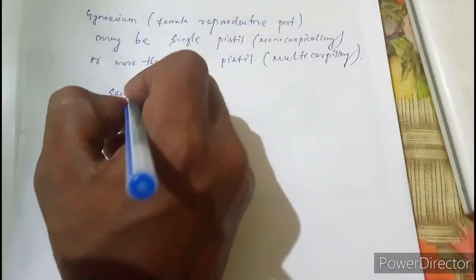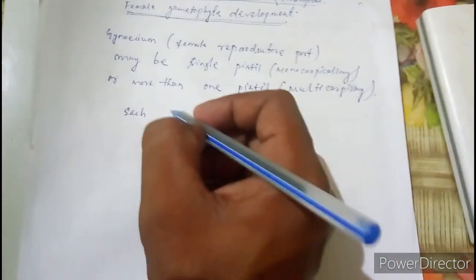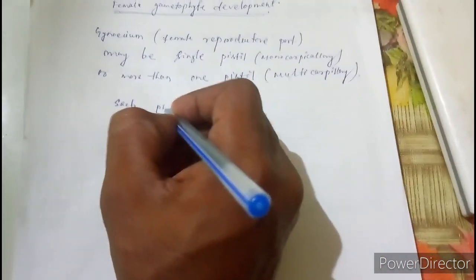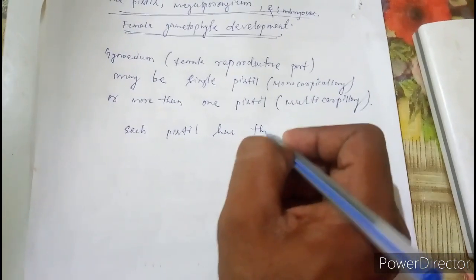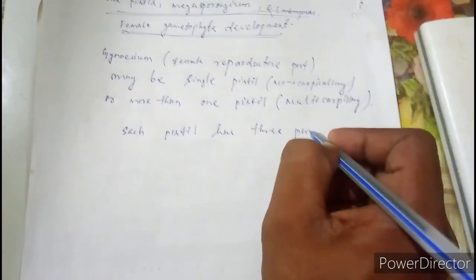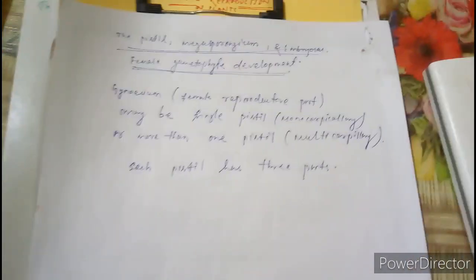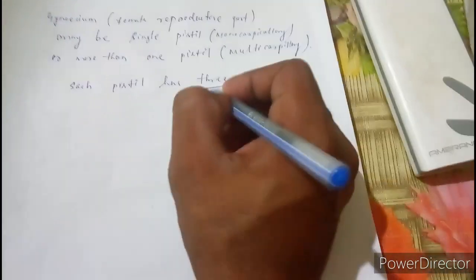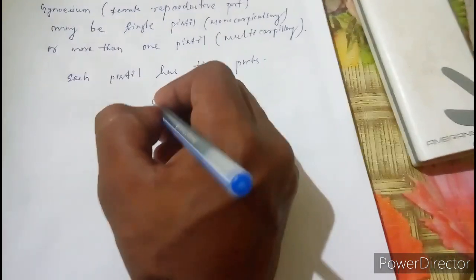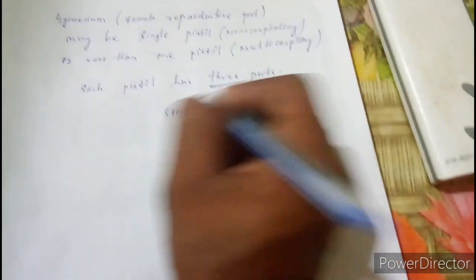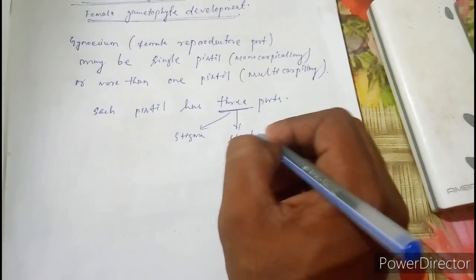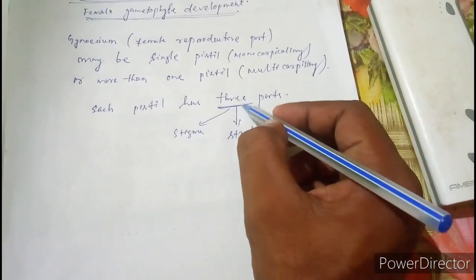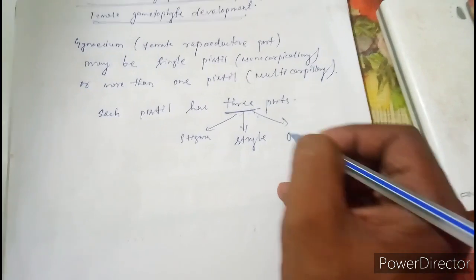Each pistil has three parts: stigma, style, and ovary.